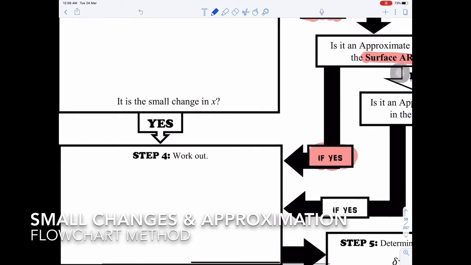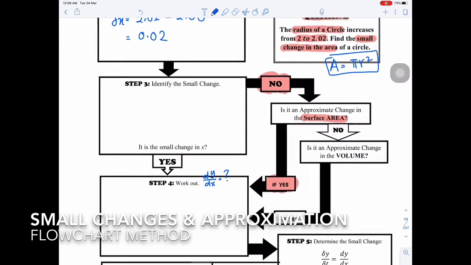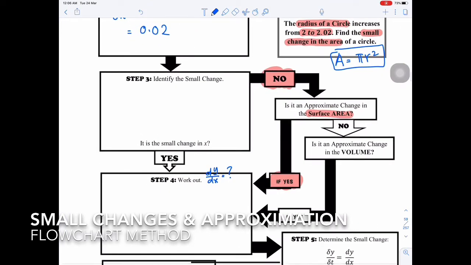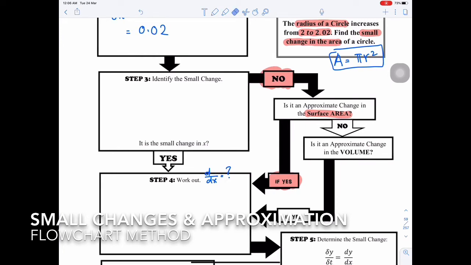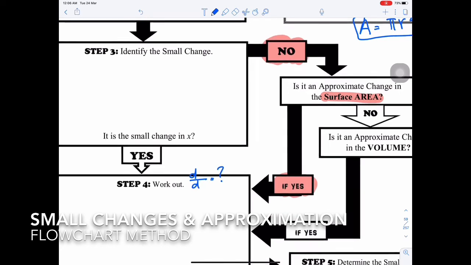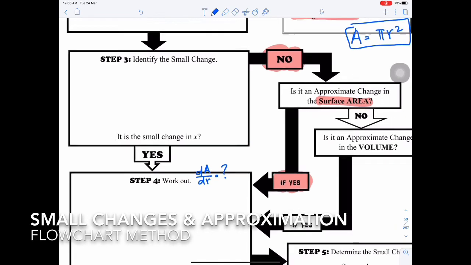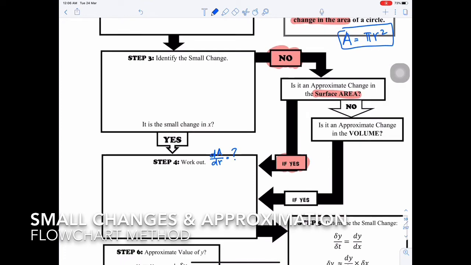What is the meaning of work out here? We determine the value of dA/dr. Because it involves the area of a circle, differentiate the area with respect to r, the radius. You know A equals pi r squared.